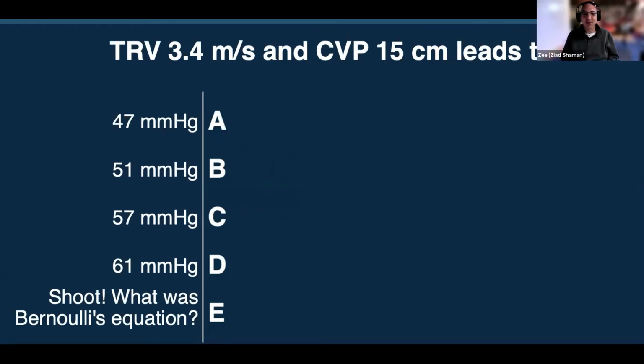So, what was Bernoulli's equation? It's 4 times the square of this plus this, in millimeters of mercury. Go ahead. You can use a calculator, an online calculator, or you can do the calculation yourself. So I'm going to do it right here: 3.4 times 3.4.